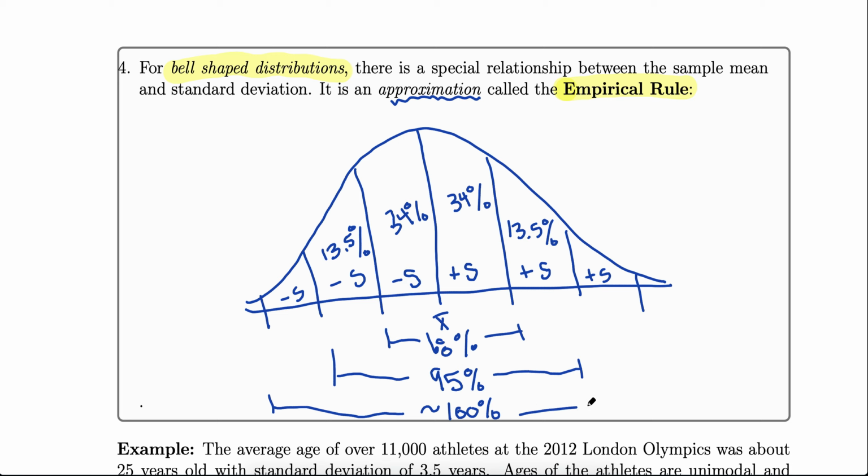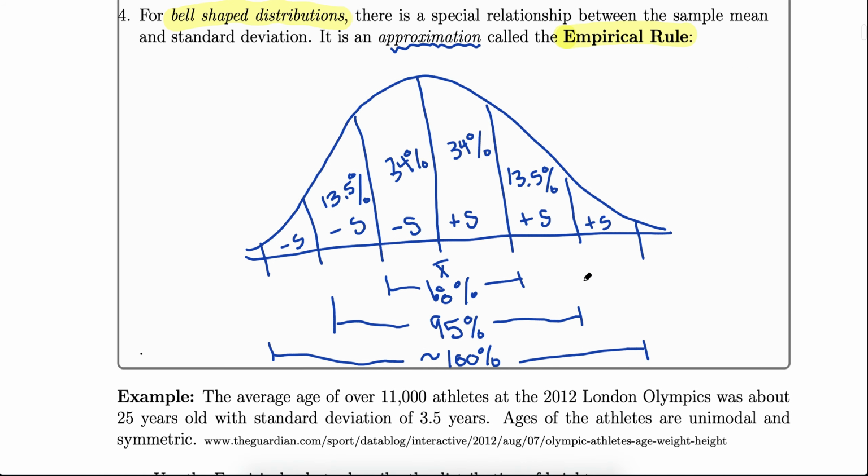I really want to emphasize that it's approximately, because it doesn't mean we can't have data beyond this. In fact, we do. It's just very, very rare. The percentage is so small, I'm not going to worry about writing it down. Even though some other textbooks might, note it is possible to get beyond 3 standard deviations. It's just pretty rare. So we're going to say almost all of it is within 3 standard deviations.